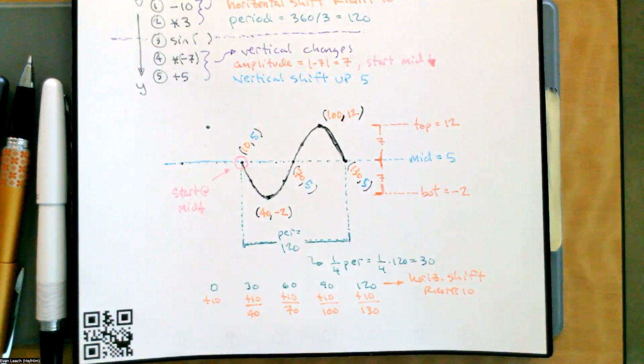Now, of course, this continues going on forever, but all I'm going to ask for is one cycle, and I'm going to ask you to label 5 points. One cycle will have 5 points: middle going down, bottom, middle going up, top, 5 in order.